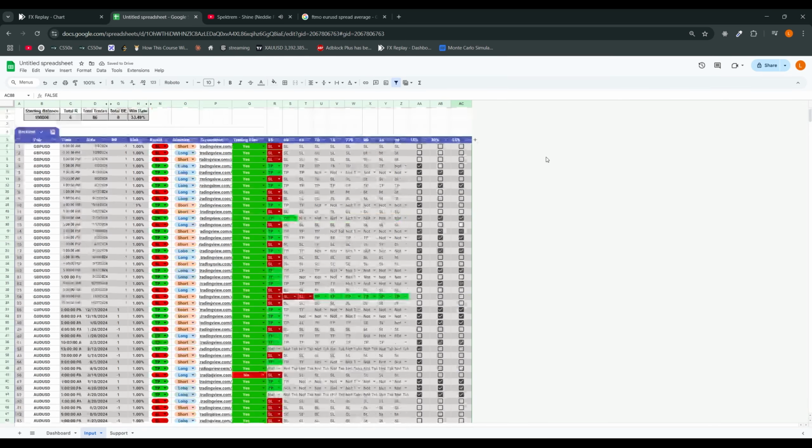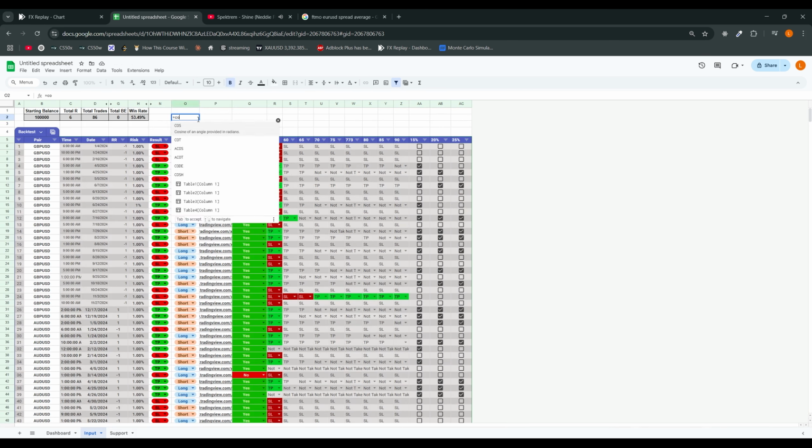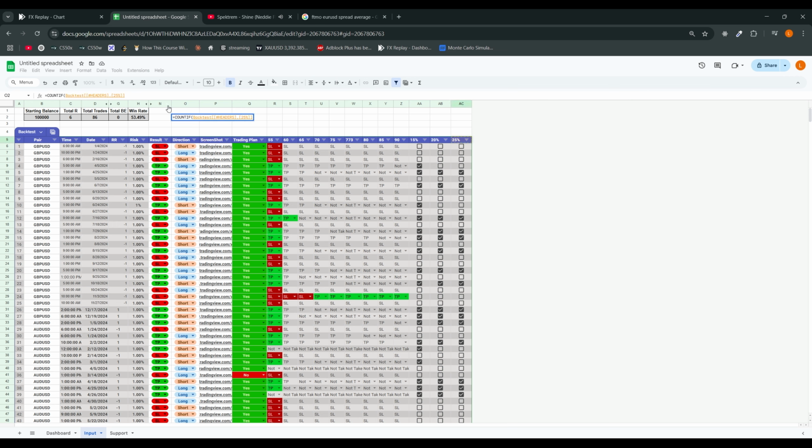I'm curious about what the statistic about it is. So here, count if this is true in this range right here.